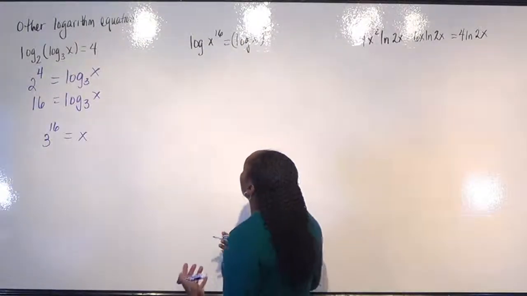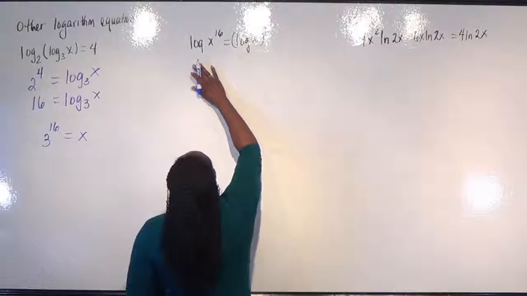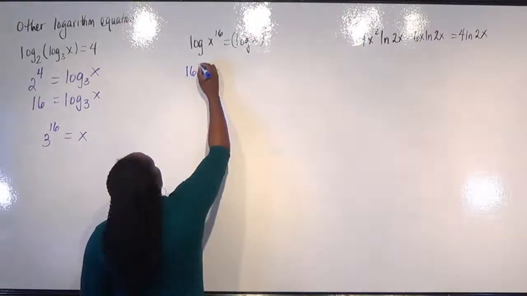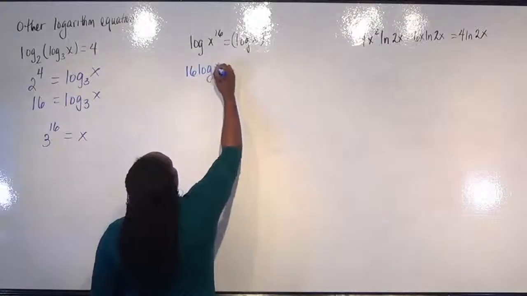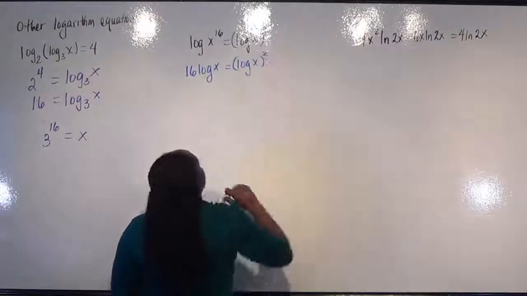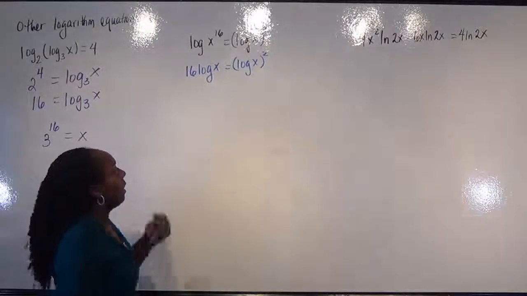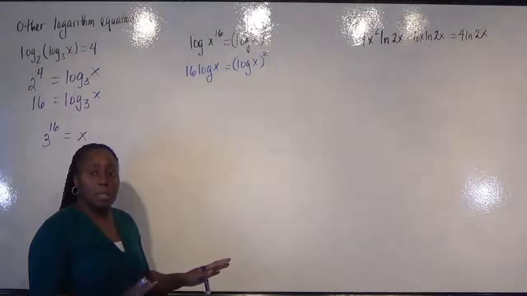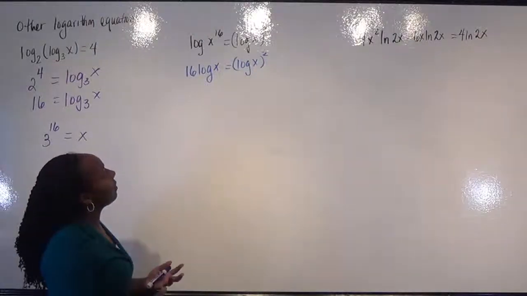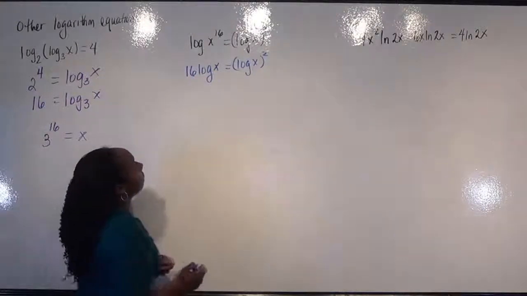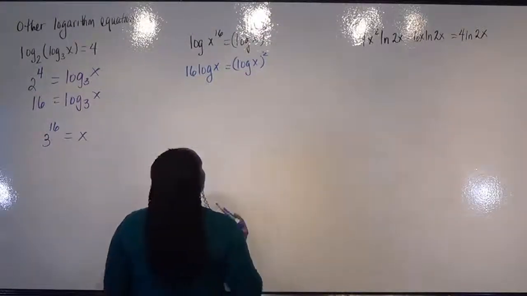Okay? So here, if I'm looking at this, the 16th is on my argument, so I can actually rewrite this as 16 log of x equaling log x quantity squared. Okay? Well, looking at that, it doesn't really help me in solving, at least not at first glance. But if I think of this a lot like our quadratics, I can solve this fairly easily.